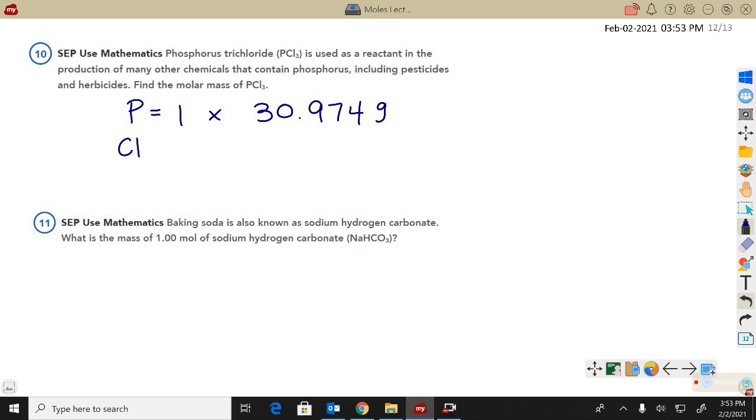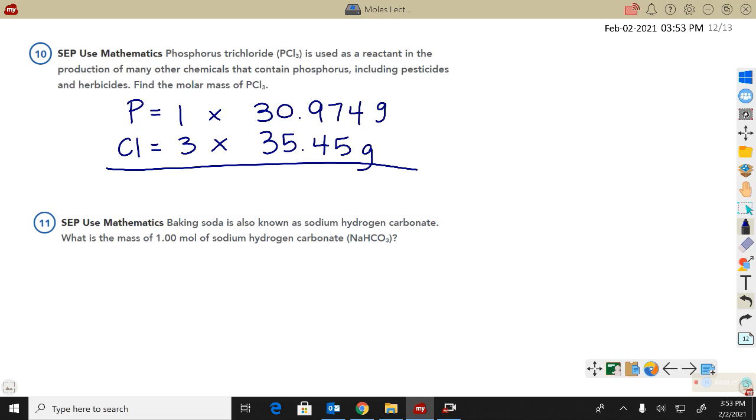Next comes chlorine. There are 3 moles of chlorine. And then I look up the mass to be about 35.45 grams. And then boom, add them together. And again, if you were looking at a different periodic table, it might show a little bit different mass, but in the end, they're all pretty similar.